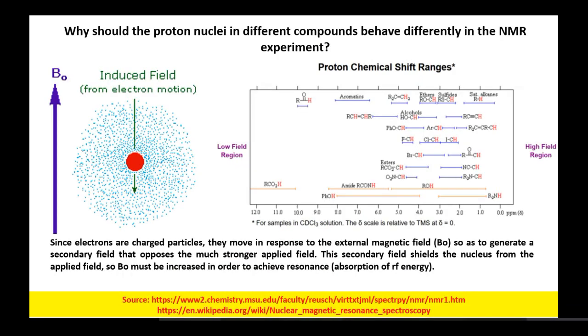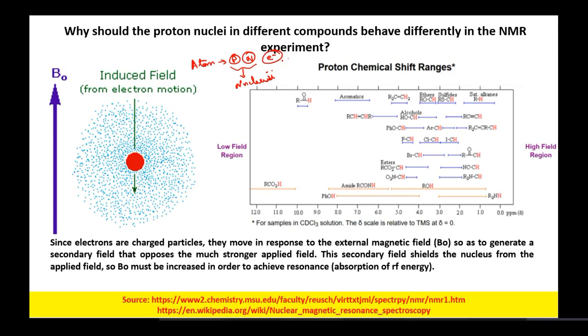Next, we are to discuss why proton nuclei in different compounds behave differently in the NMR experiment. In our last class, we discussed that atoms are composed of protons and neutrons, which are present within the nuclei, and apart from that we have electrons.